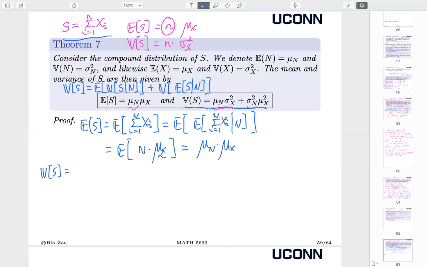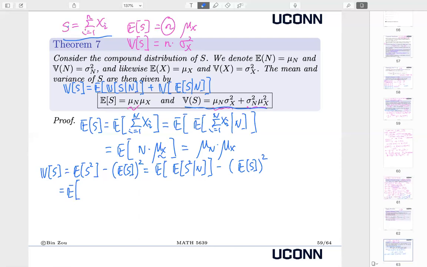So obviously this is the expectation of S squared minus the square of the expectation. Everybody knows that. And then I will apply the tower rule to the first square term because that is the part giving us the problem. For this particular part, we apply the definition of conditional variance.